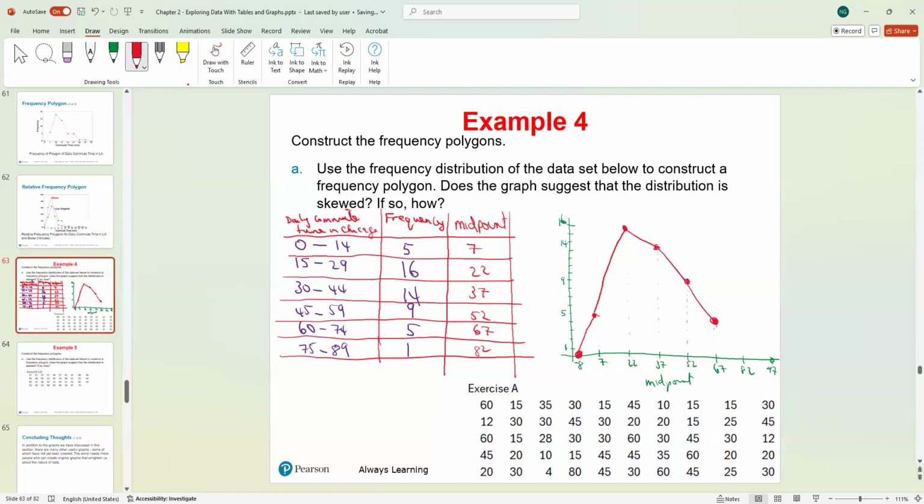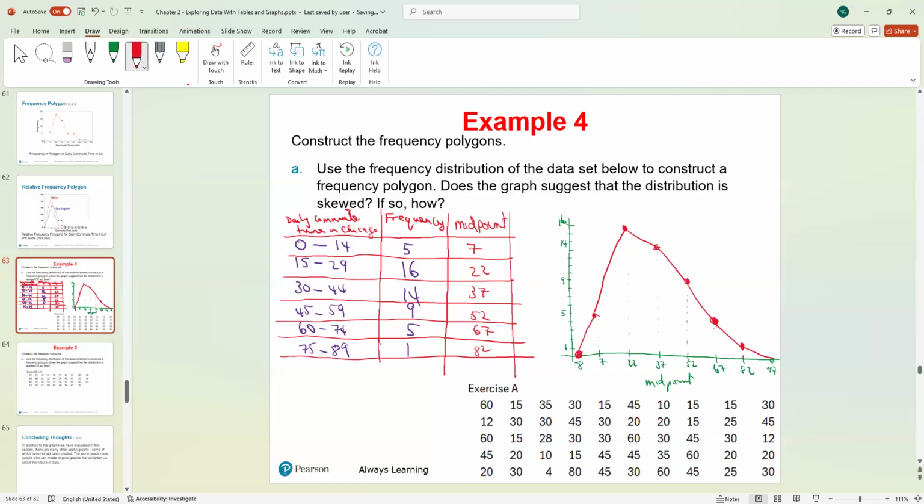And we have 82 is 1. Now you go down here. So this is our polygon.